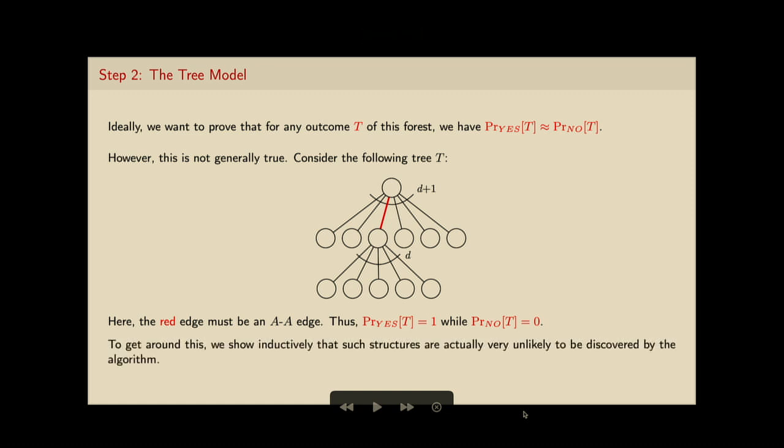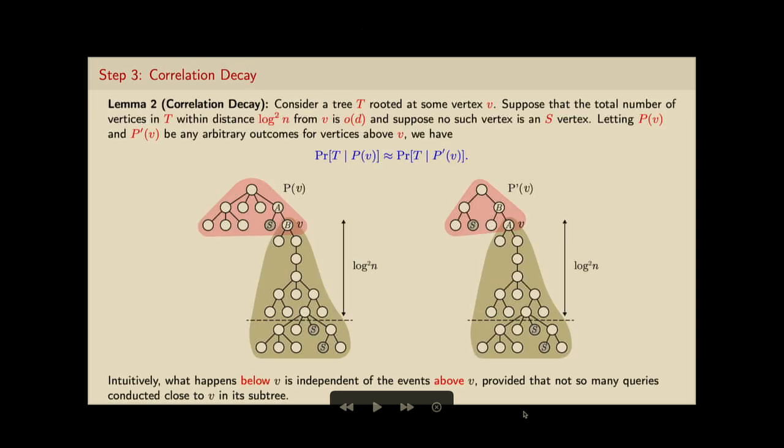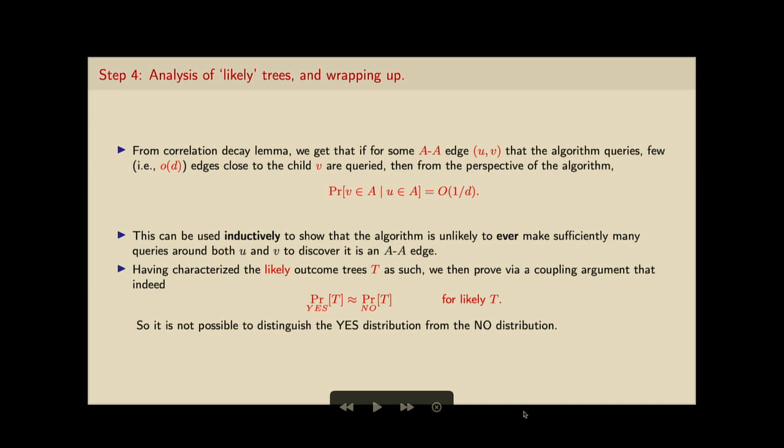So what we show inductively is that even though there are small trees that can actually distinguish, they're very hard to find. In particular, we prove that for the likely trees, so I'm going to skip this slightly technical slide, we prove that for the trees T that are likely for the algorithm to find, the probability that they're drawn from the yes distribution and the no distribution are almost the same.